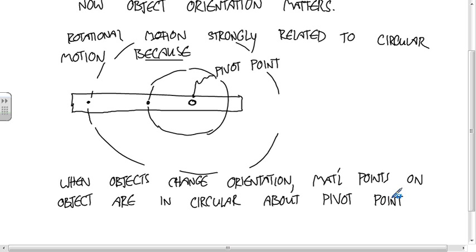And about the pivot point, I just mean the pivot point is the center of that circle. Okay?